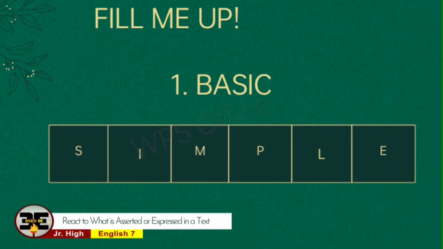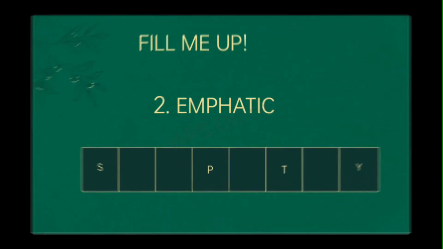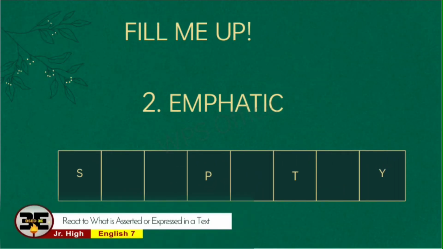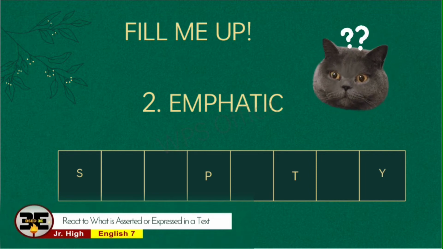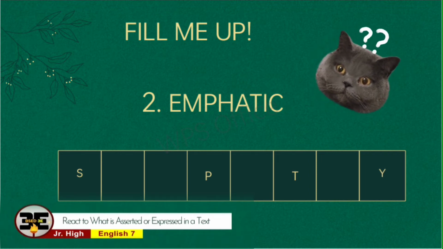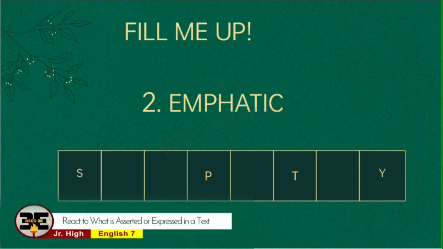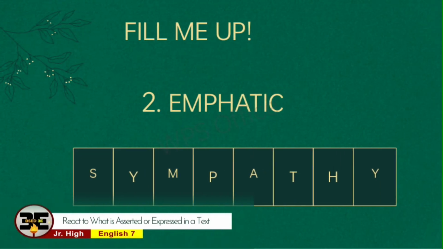The word is simple. Number 2. Emphatic. What are the missing letters that will complete the word? Are you ready to reveal your answer? Absolutely correct. It is sympathy.